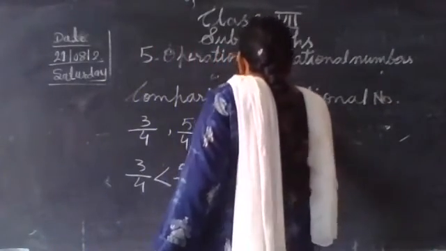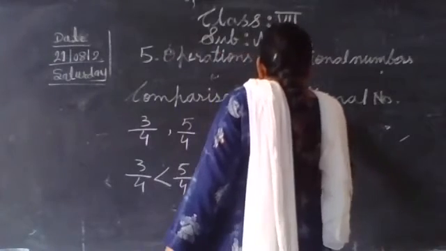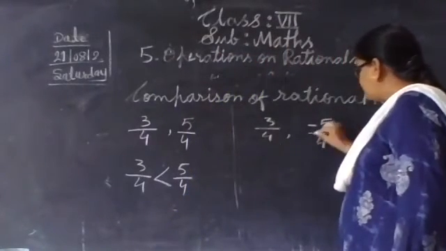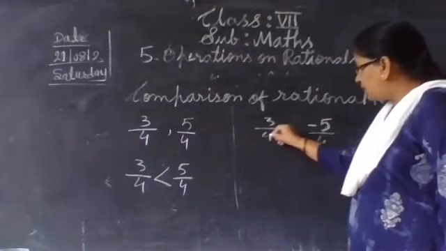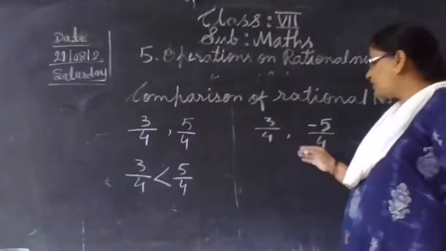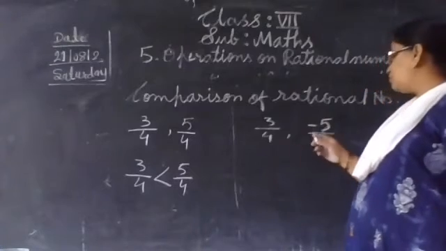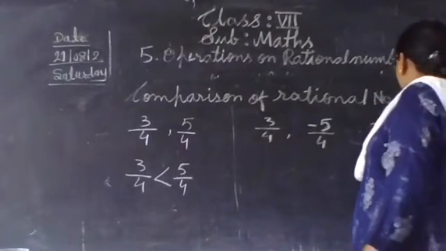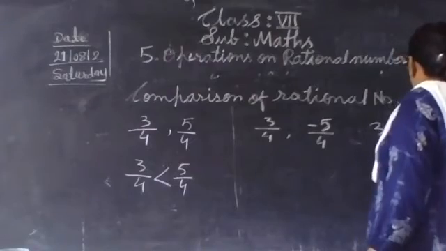But if 3 upon 4 and minus 5 upon 4. See beta, first we will compare the denominators. Yes, they are like fractions, like rational numbers. So you have to compare the numerators. See, numerators are 3 and minus 5.